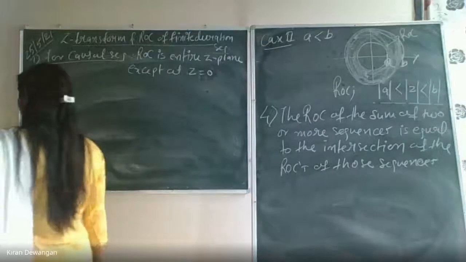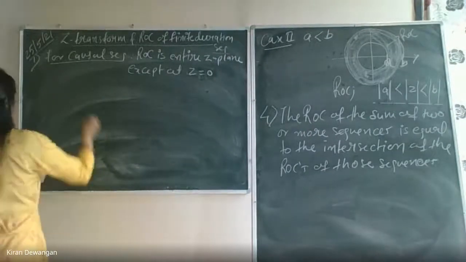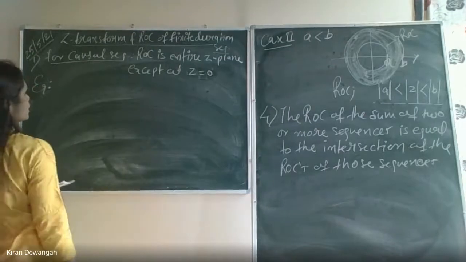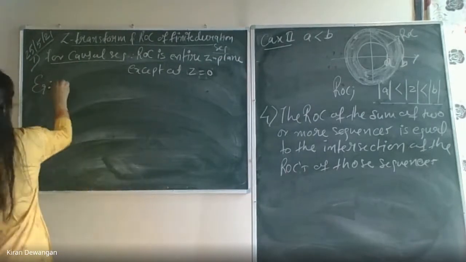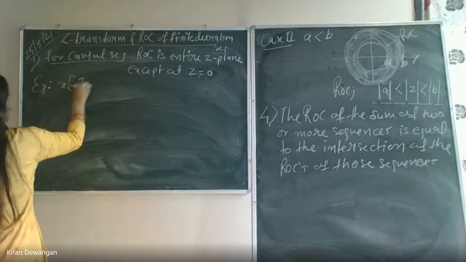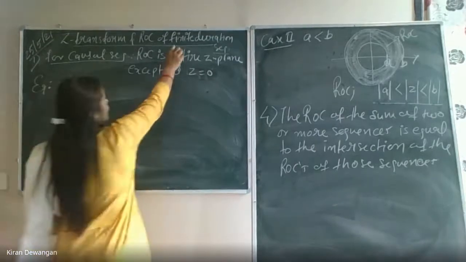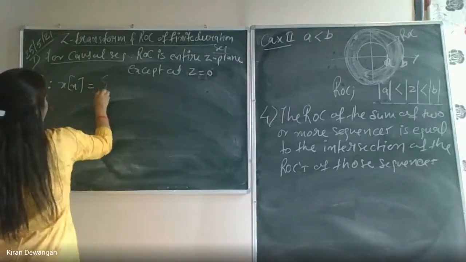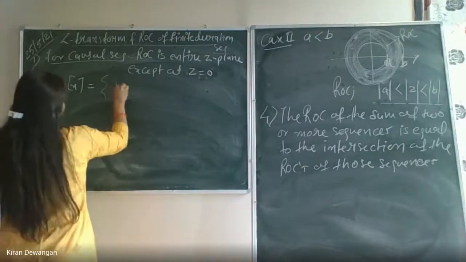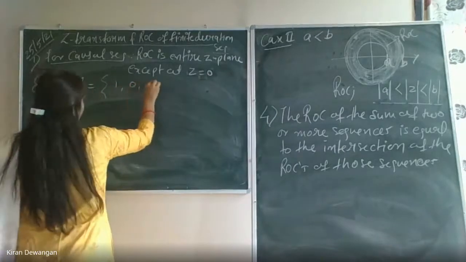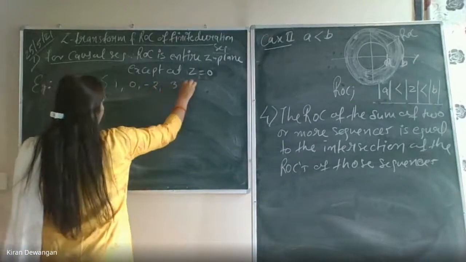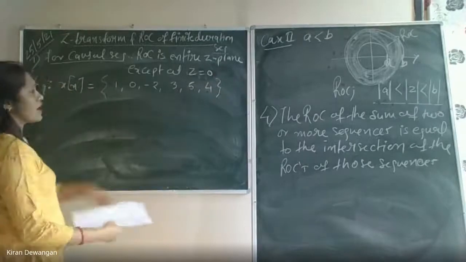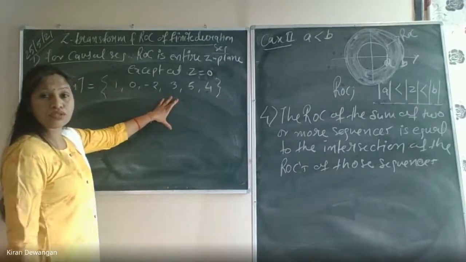Now let us see for which values of z the ROC lies. Let us take the example x of n, a finite duration and causal sequence. X of n is given by 1, 0, -2, 3, 5, 4. Now this is a finite duration sequence as well as a causal sequence.